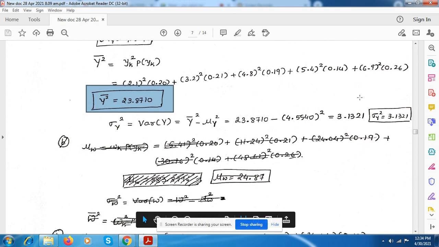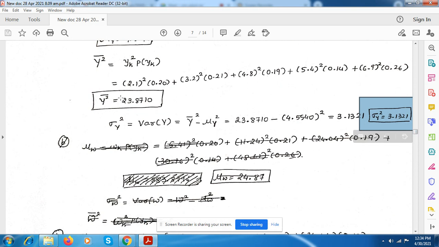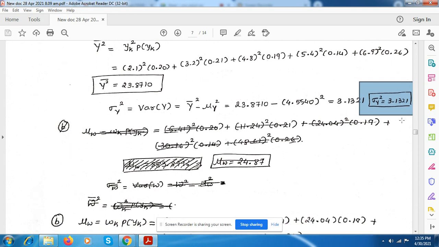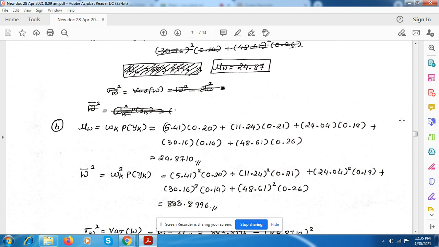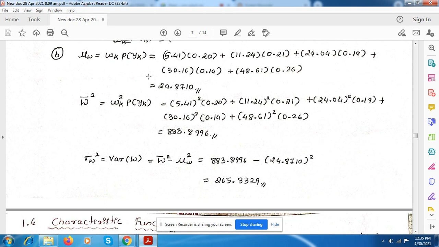The variance value for y, by substituting the mean value and this second order moment value, is sigma y square equal to 3.1321. And next, the mean value for random variable w we have as 24.8710.